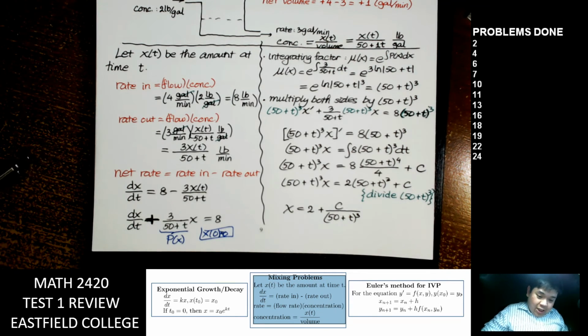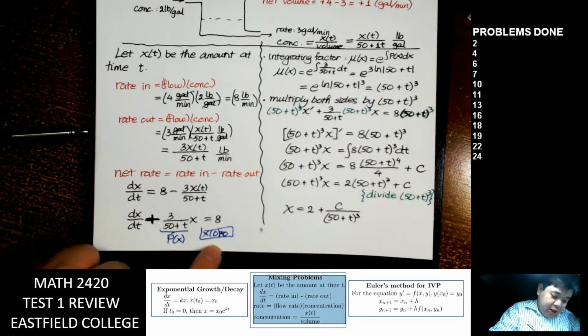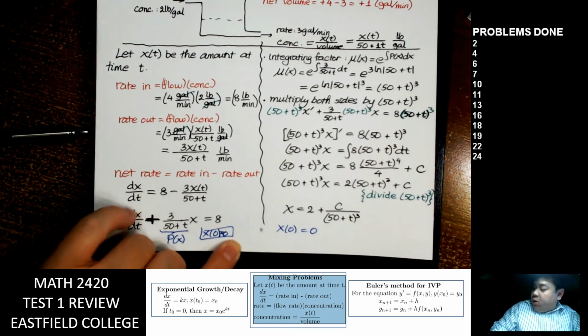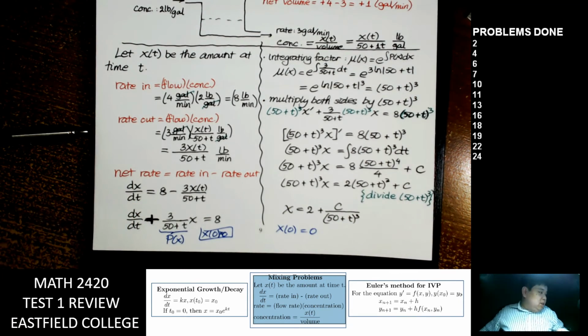There's still a lot to it. First we have the initial condition x of 0 equal to 0. More space.